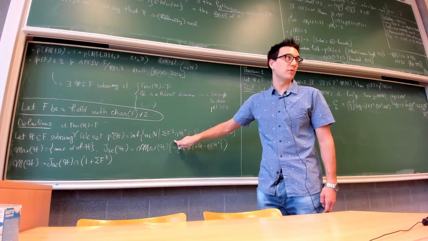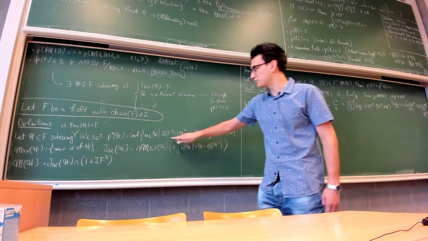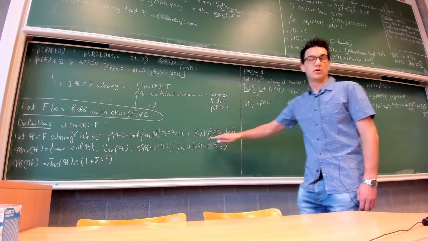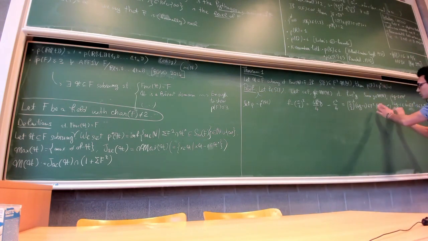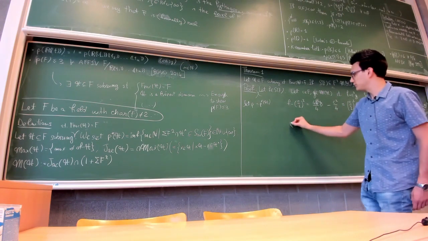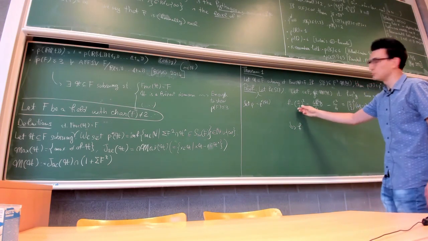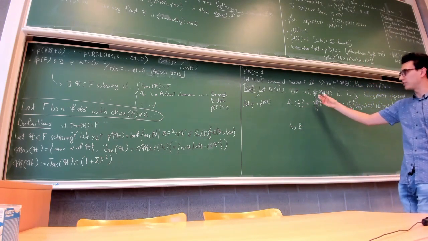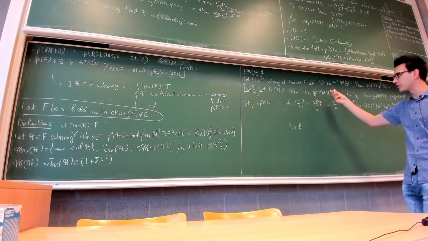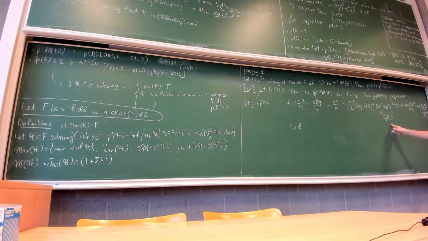Okay. But let's look at this definition. So P is the smallest integer for which this inclusion holds. So it means that this thing here is contained in the sums of P squares, right? So of course the square doesn't affect this inclusion. So now F will be C squared divided by C half squared plus a sum of P squares.